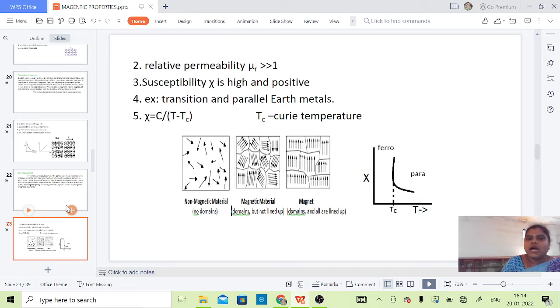The susceptibility xi is high and positive. Examples are transition and rare earth metals. Here xi equals C by T minus Tc, where Tc is the Curie temperature. As we already studied in our previous class, there is a Curie temperature. See how the susceptibility varies with the Curie temperature.